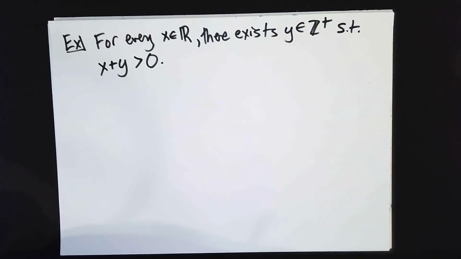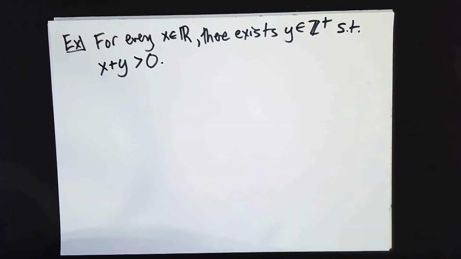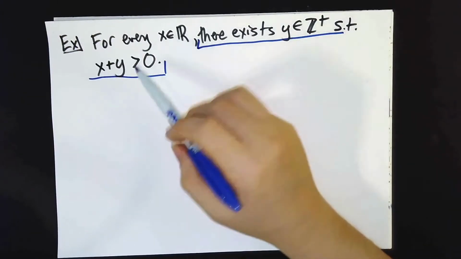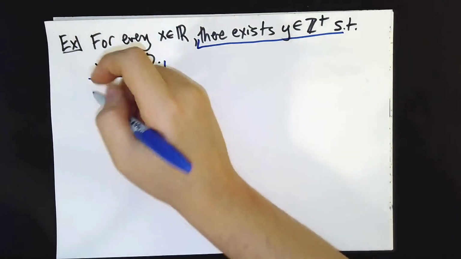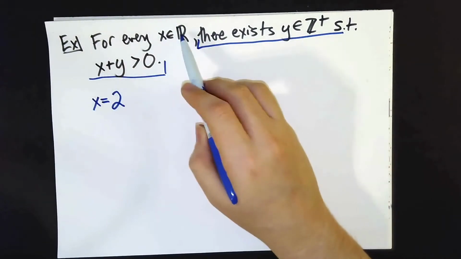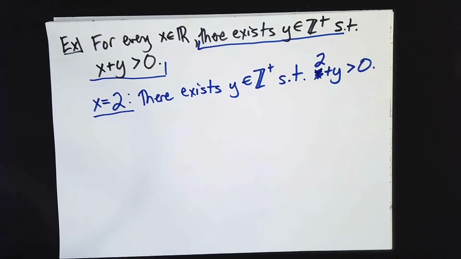And so I want to give you a second to think about this for yourself. Is this statement true or false? So again, to disentangle this, I want to write out what this is doing in a few particular cases. When, for example, x is 2, this is giving me this statement, there exists a positive integer y such that 2 plus y is positive.